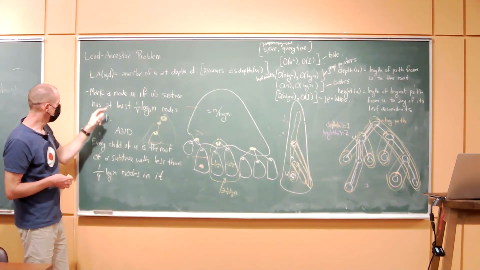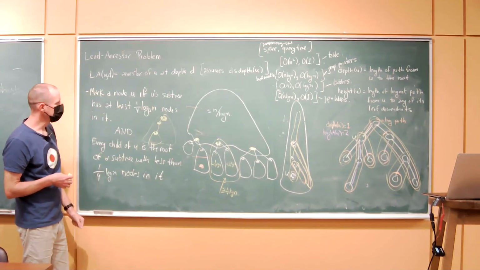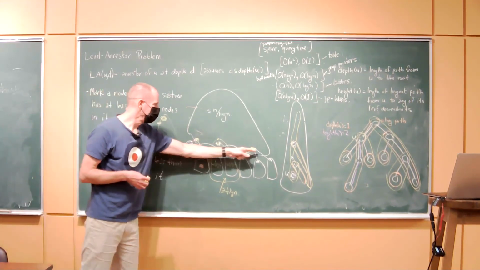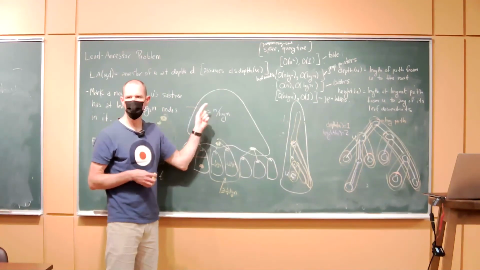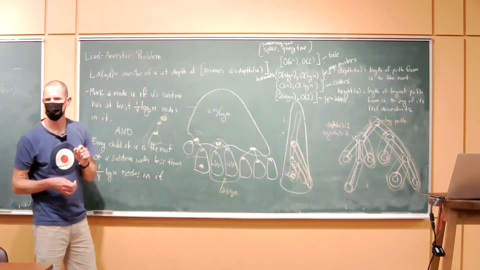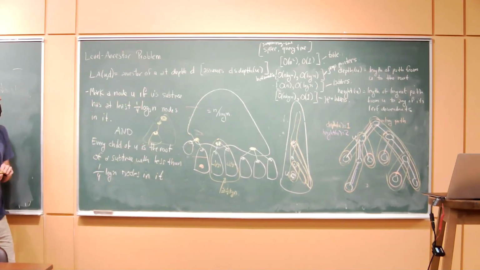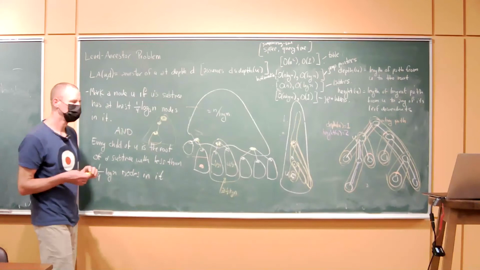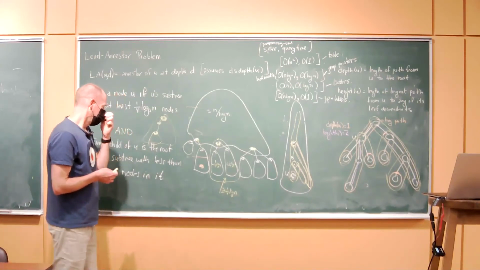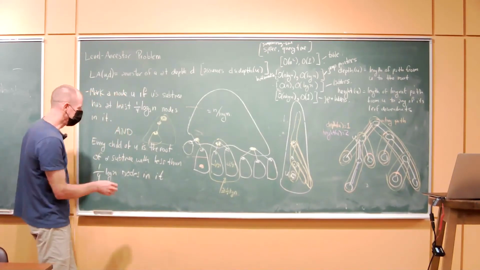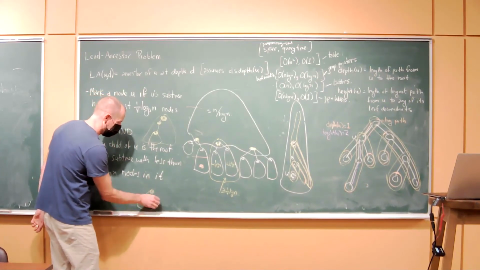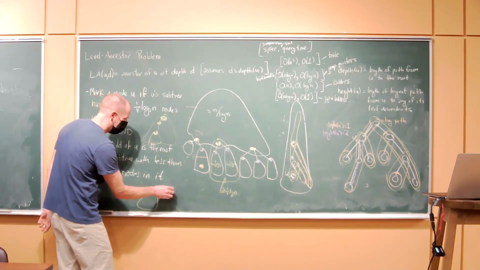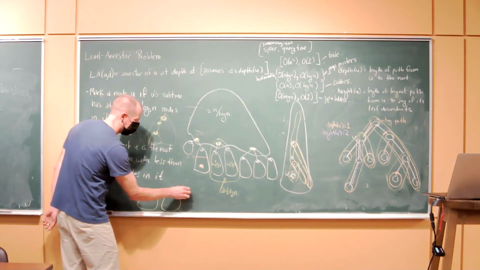So when I make this set of marked nodes, I get a picture like this, that no marked node is an ancestor of any other marked node. Yeah? Good. So that means that if I look at those marked nodes, each one has a subtree, and those subtrees don't overlap.